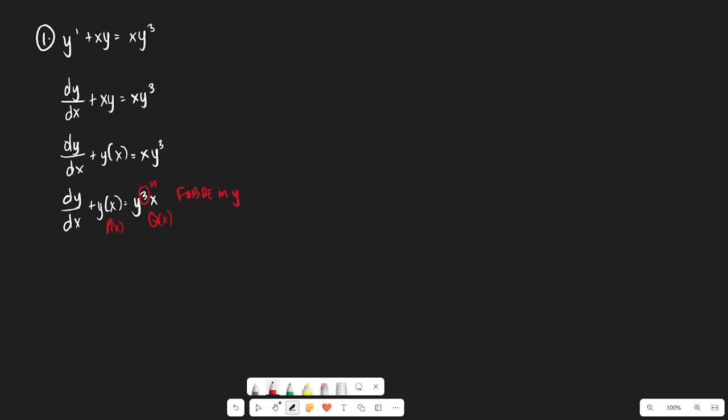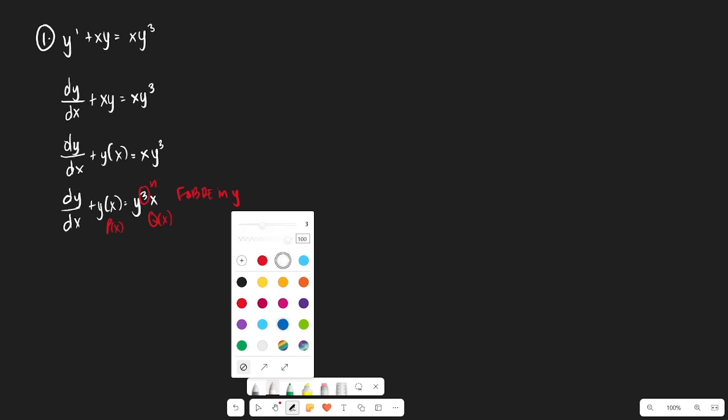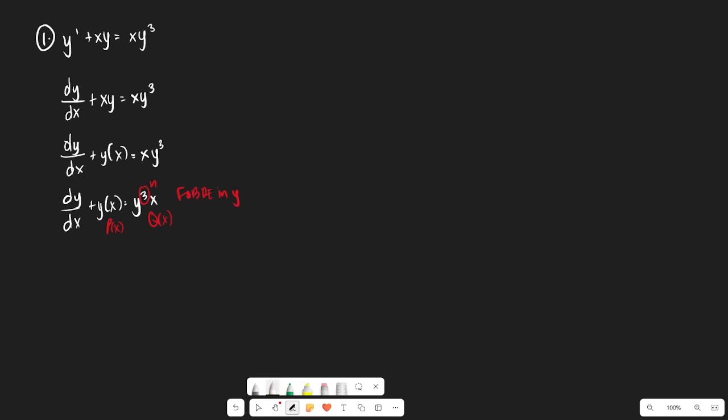Now we need to find the general solution for the FOBDE in y. The way that we're going to find this is that we're going to use the general solution formulas.